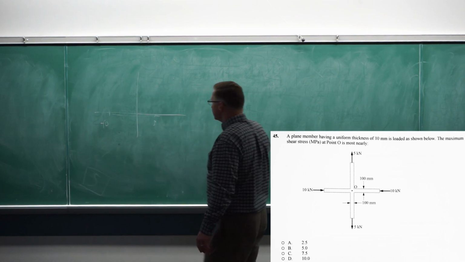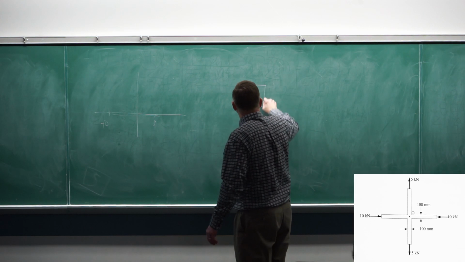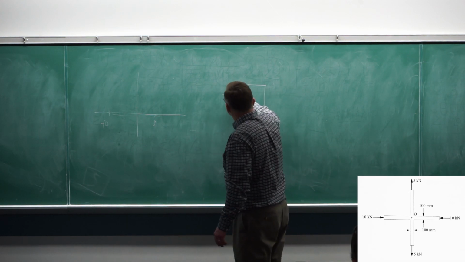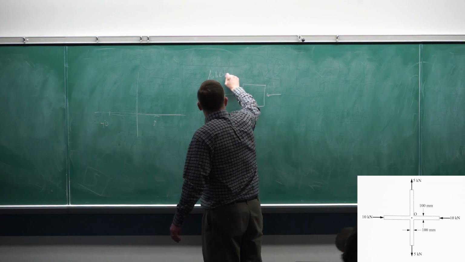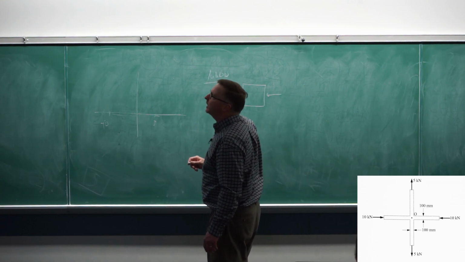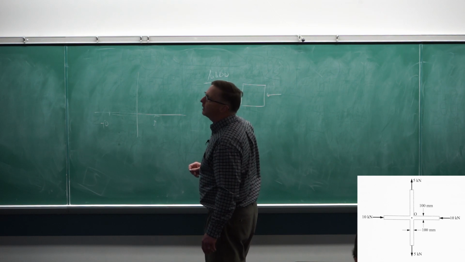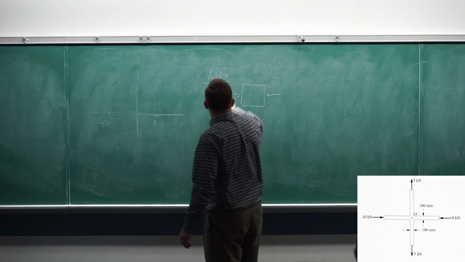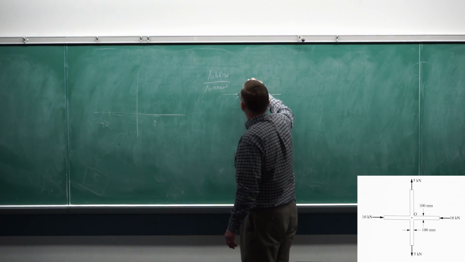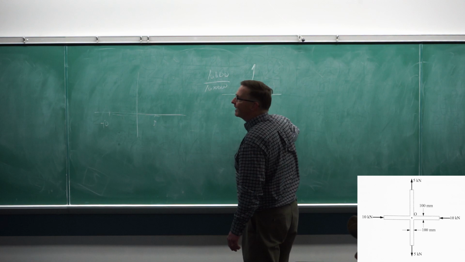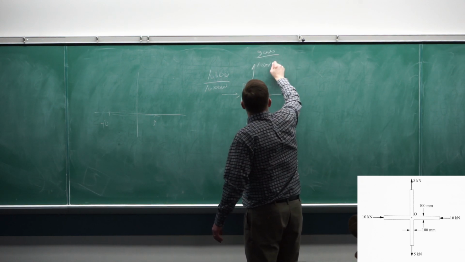Now, if you need more detail, what you have in the middle is a stress element that's going to look like this. It's a compression, and the force is 10,000 newtons divided by an area of 10 by 100. Then here you have your tension stress, that is 5,000 divided by 10 by 100.